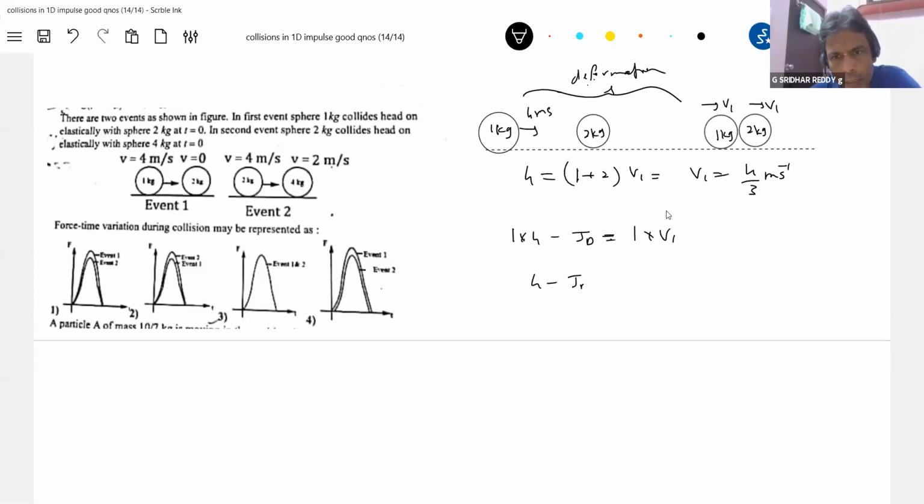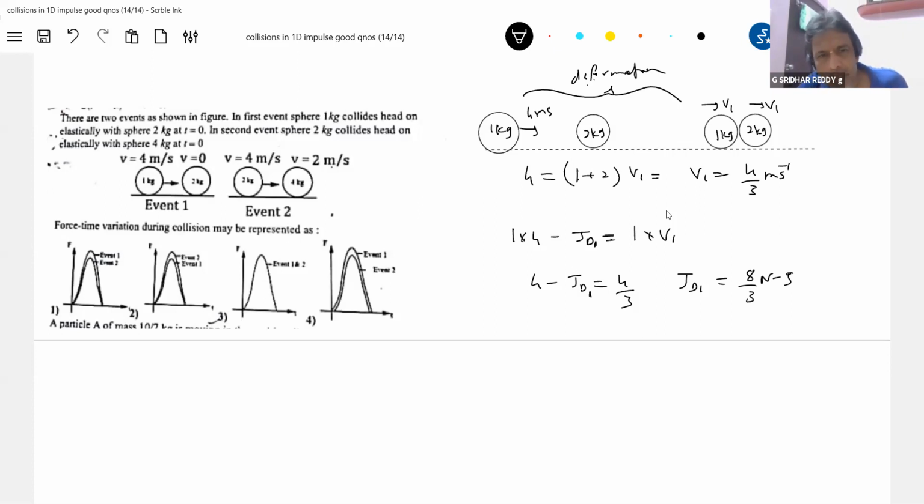So 4 minus JD equals 4 by 3. What is JD1, we'll call it, because this is the impulse in the first event. 4 minus 4 by 3, so 8 by 3 Newton second. This is the impulse of deformation in the first event.